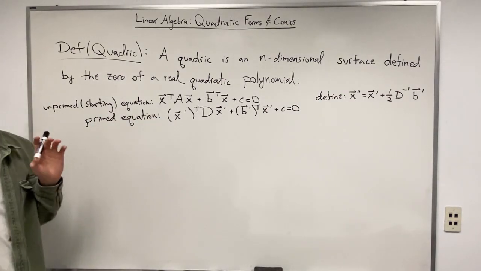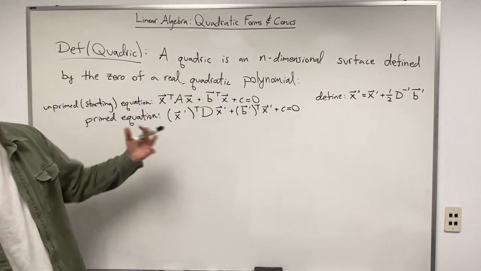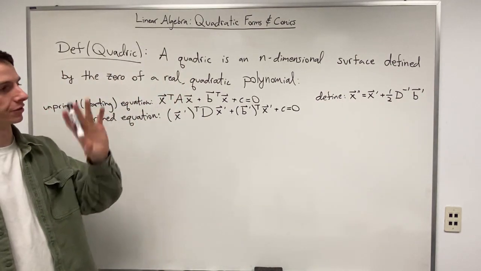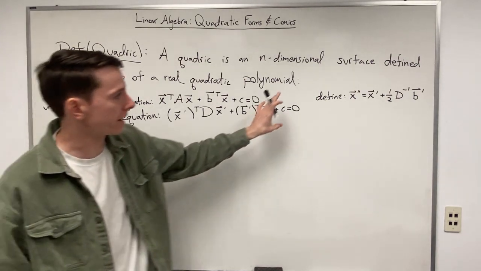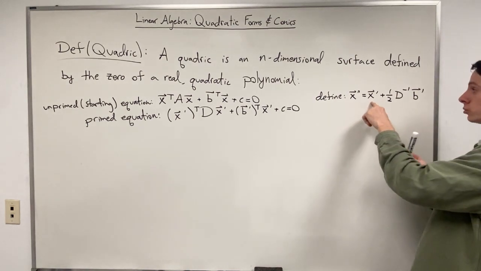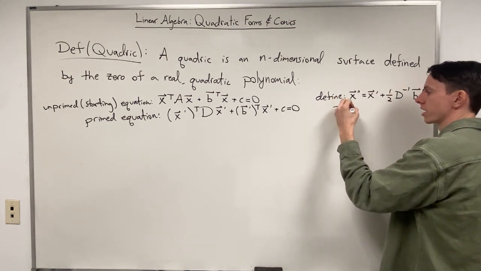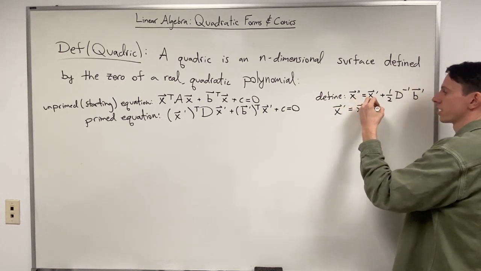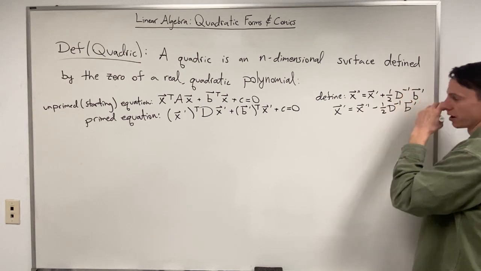All right, so we have this double primed version of x, which will be the final transformation of this x vector. And what we're going to do is take this definition and isolate for x with a single prime. If we were to do that, we would get x prime equals x double prime minus 1/2 D inverse b prime.